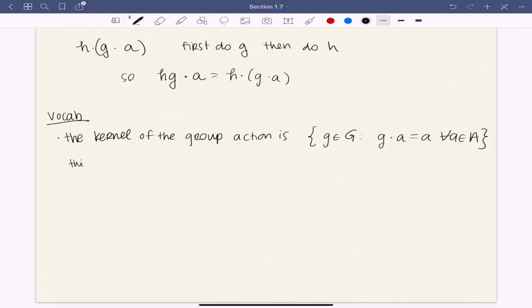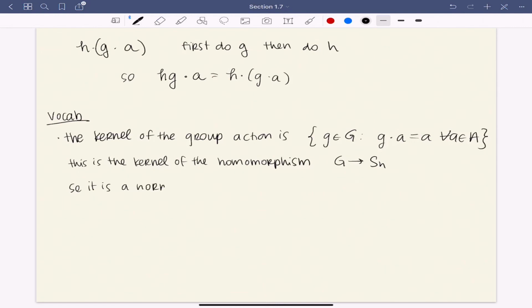This is the kernel of the homomorphism from G into Sn that we talked about before, because the identity in Sn does nothing. So this is all the group elements that do nothing. And so it is a normal subgroup of G.